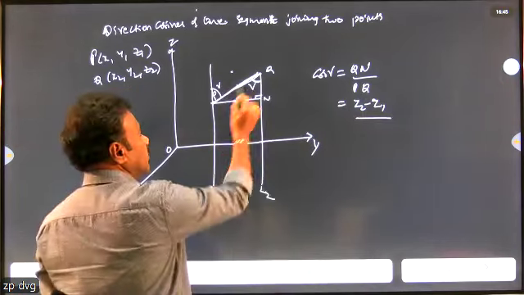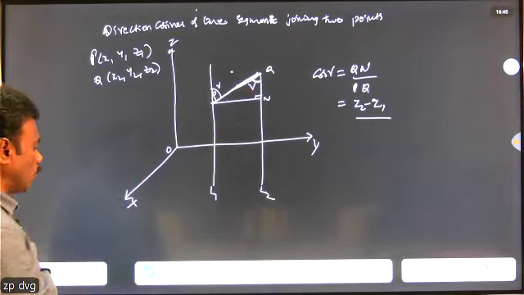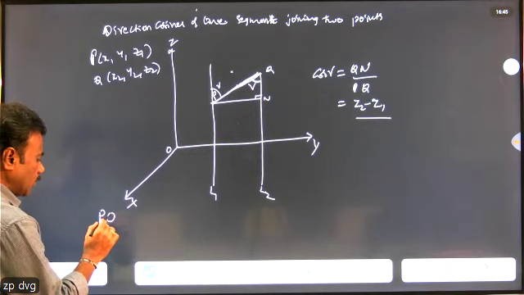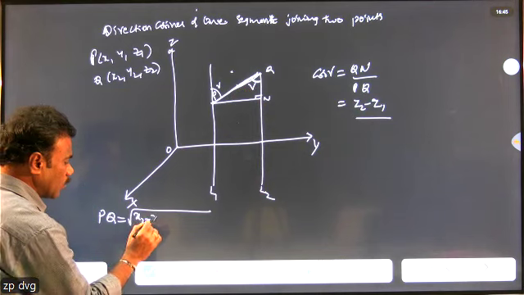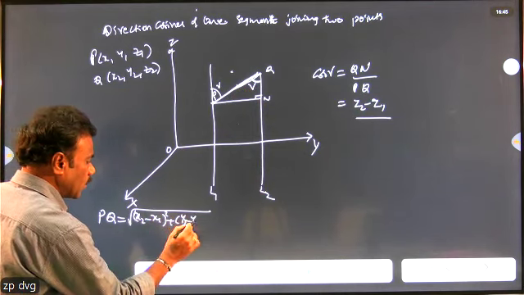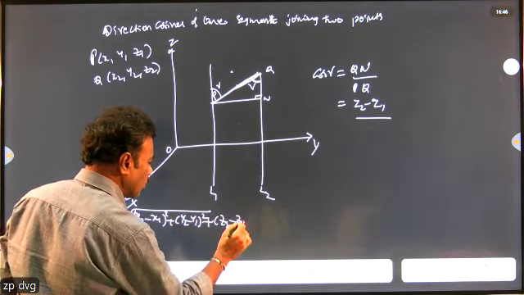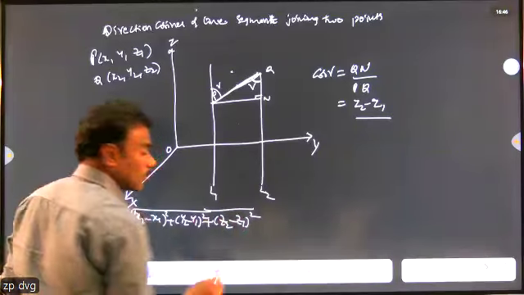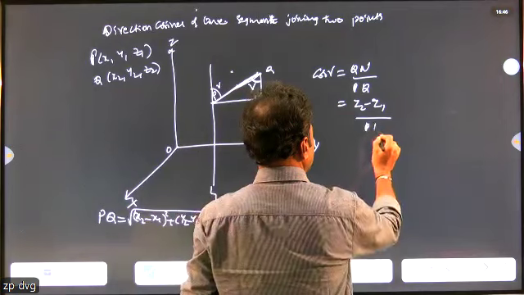PQ is the distance between the two points, which we know is the square root of x2 minus x1 whole square plus y2 minus y1 whole square plus z2 minus z1 whole square.